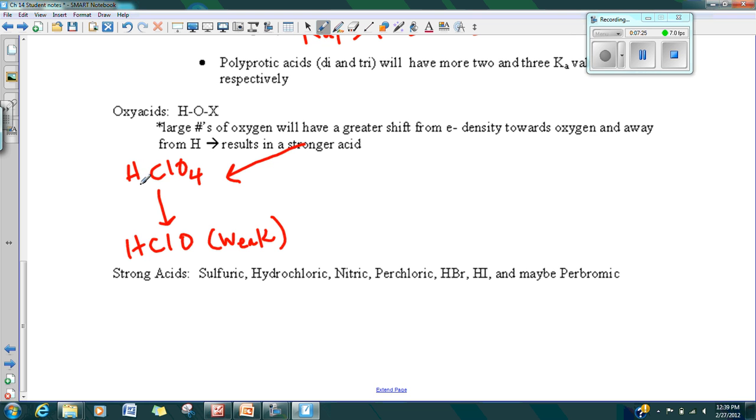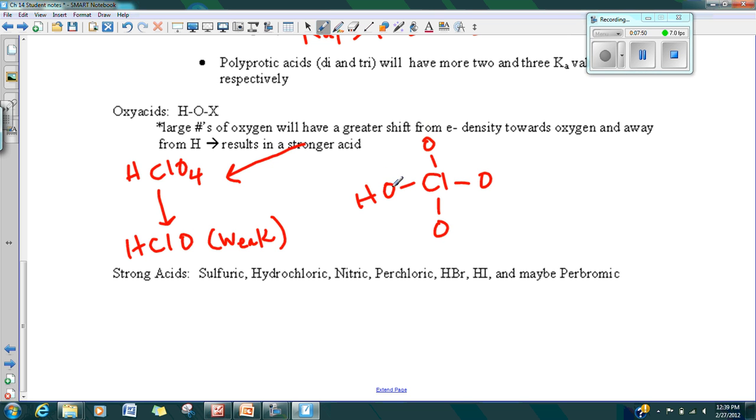Now keep in mind that if it's a strong acid, the bonds are very weak, and if this bond is very strong, that's why it's not going to dissociate. So if I take a look at my strong acid here, I have my chlorine in the middle, and I have 4 oxygens associated around the outside of it, and then I have another hydrogen that's attached here.